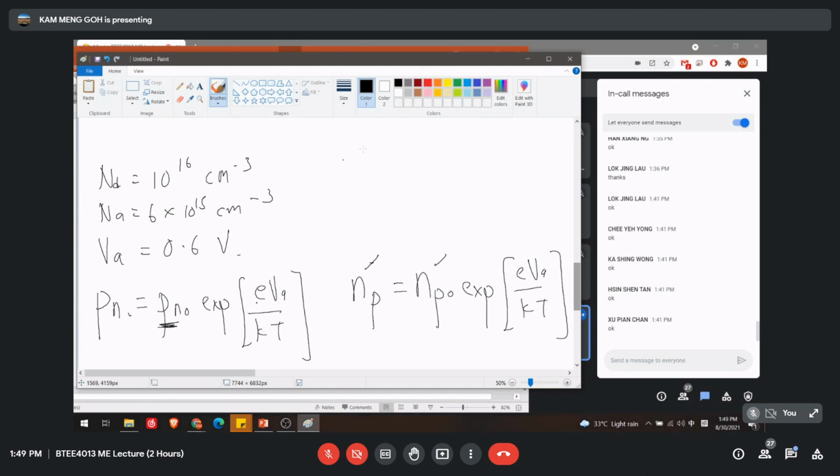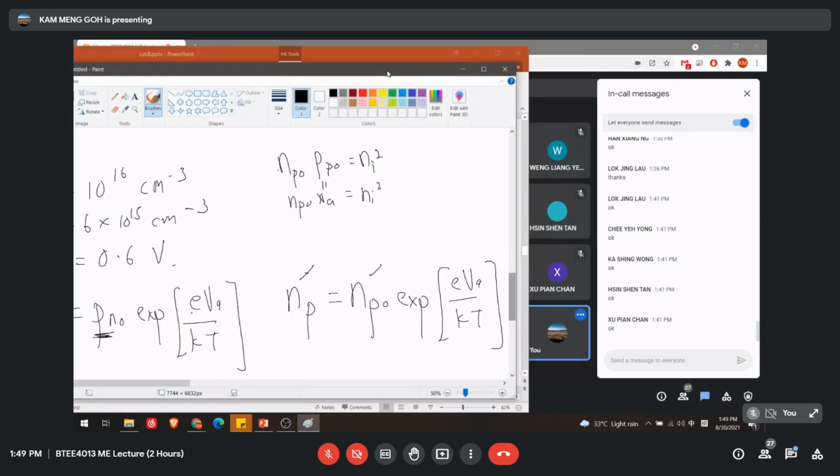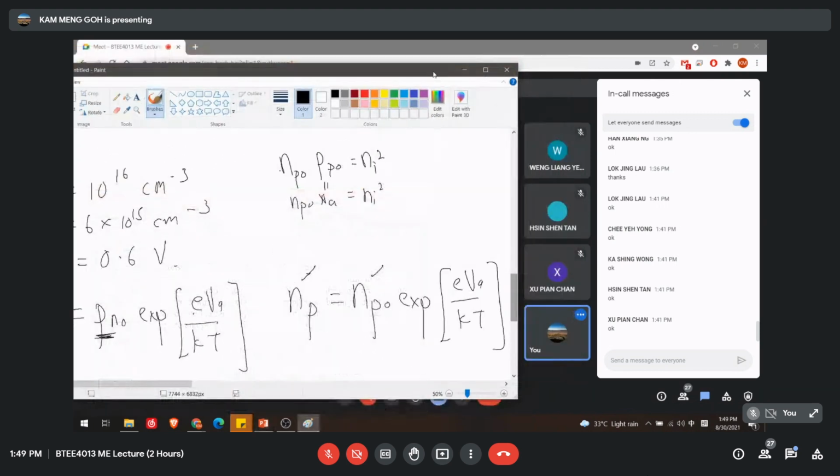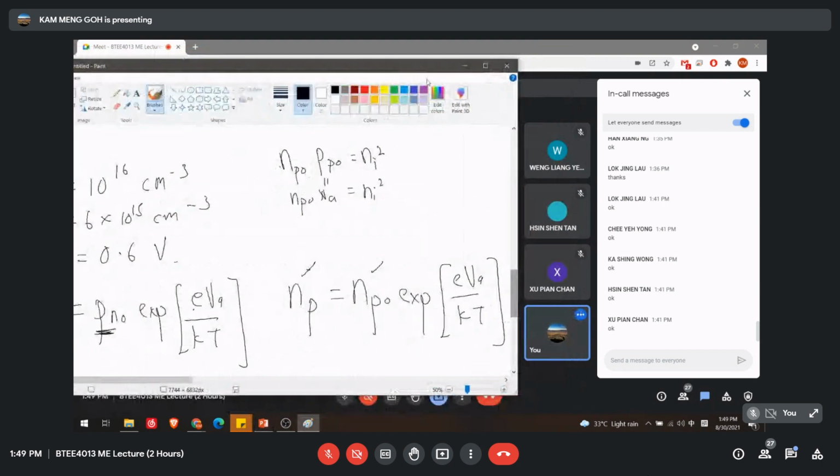So as we mentioned just now, the NPO multiplied by the PPO will equal Ni squared. PPO is equal to the NA. So NA is given from the question, and Ni squared, so you can just calculate the NPO directly. Okay, what's the value for the NPO? Anyone?